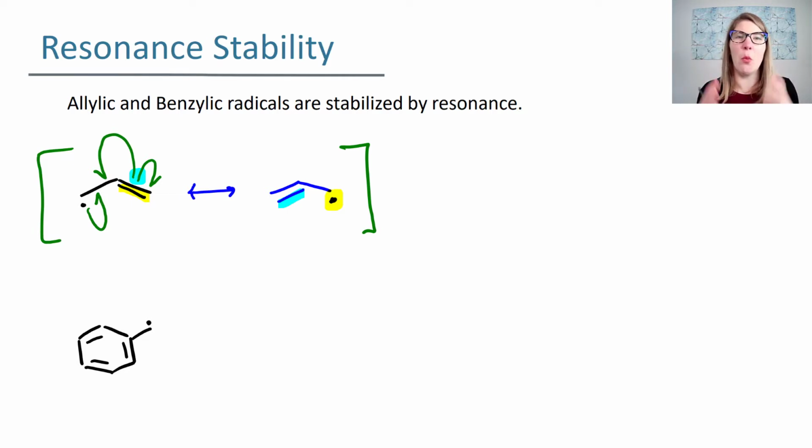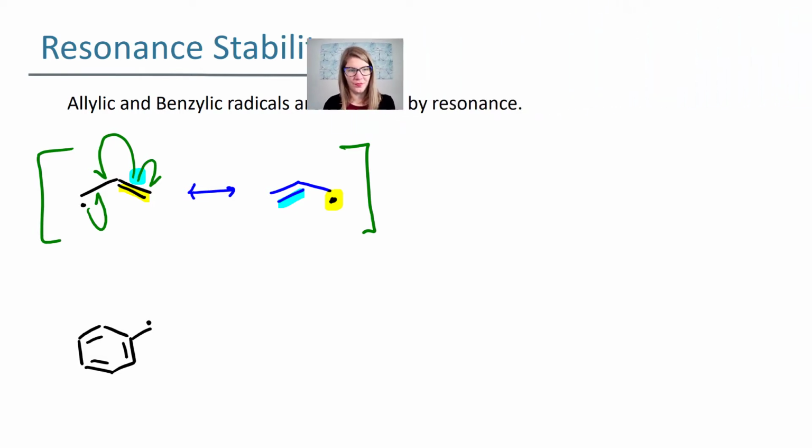We're just saying that one of those bonds is the pi bond and it's going to break. So don't worry about where you're starting that arrow as long as it is in the middle of 2 atoms where there's a pi bond. Once you feel like you've had the hang of some arrow pushing, what I want you to do is give the arrow pushing for the benzylic one a try. It is going to have quite a few more resonance structures than this one, so be mentally prepared for that.